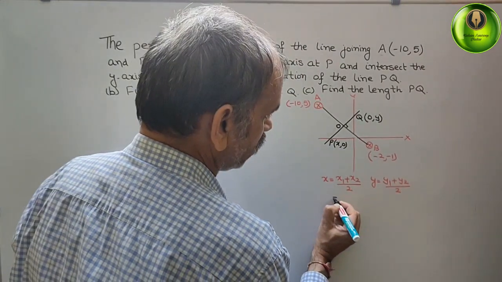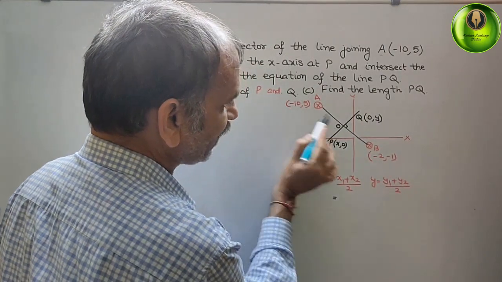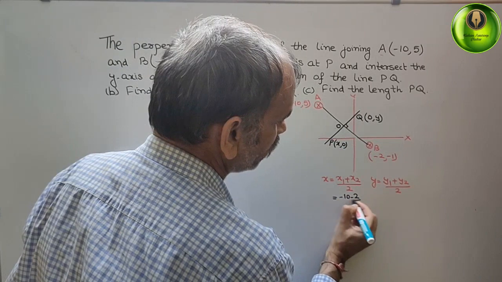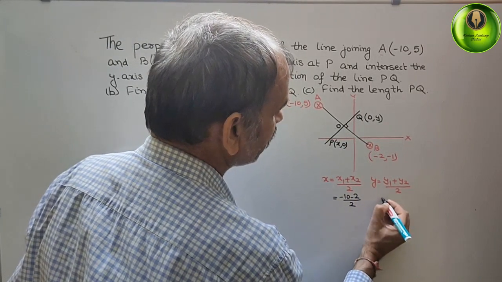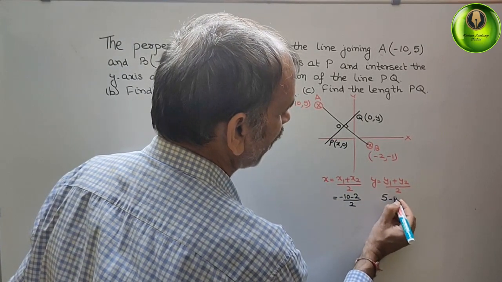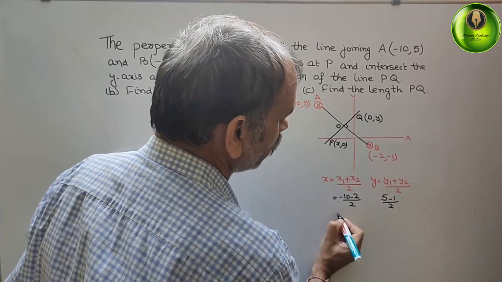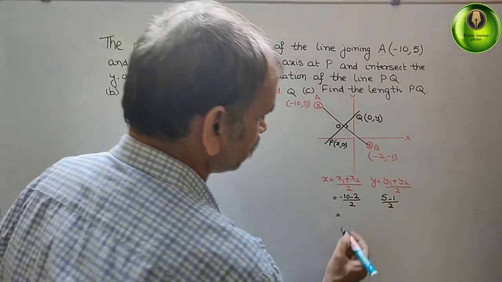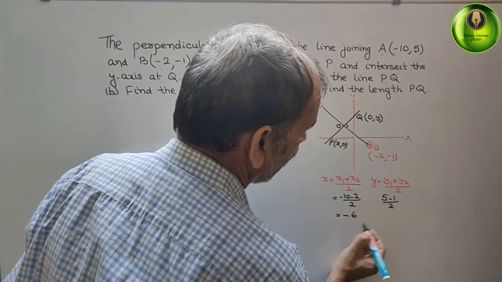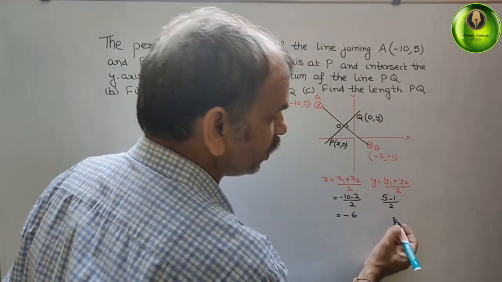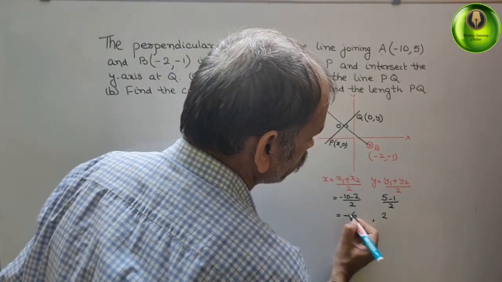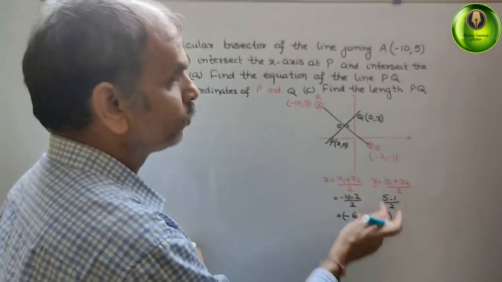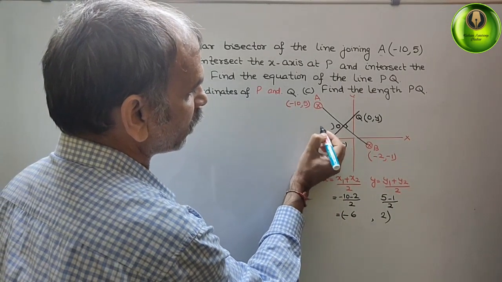You will get (-10 - 2)/2 and (5 - 1)/2. So -12/2 is -6, and 4/2 is 2. So the coordinate is (-6, 2).